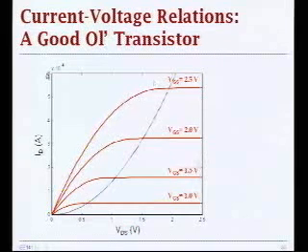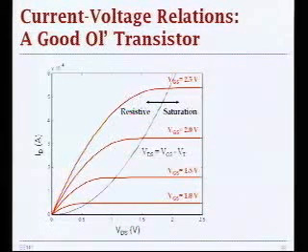So now this is the IV characteristic for a good old MOS transistor, because these relationships are really old. That's maybe a transistor 15 years ago that exhibits this quadratic relationship.